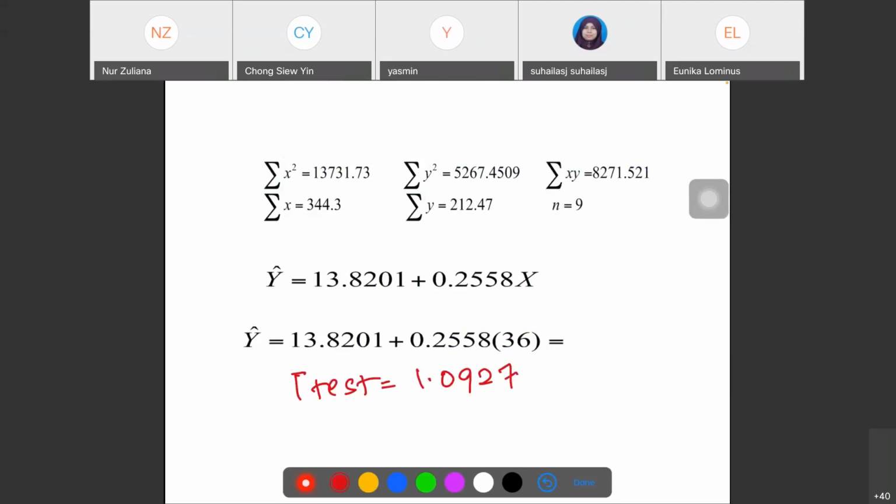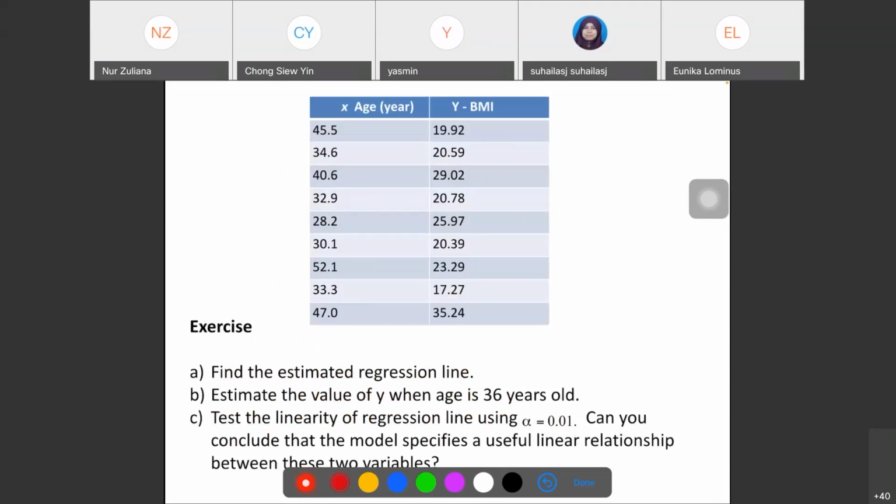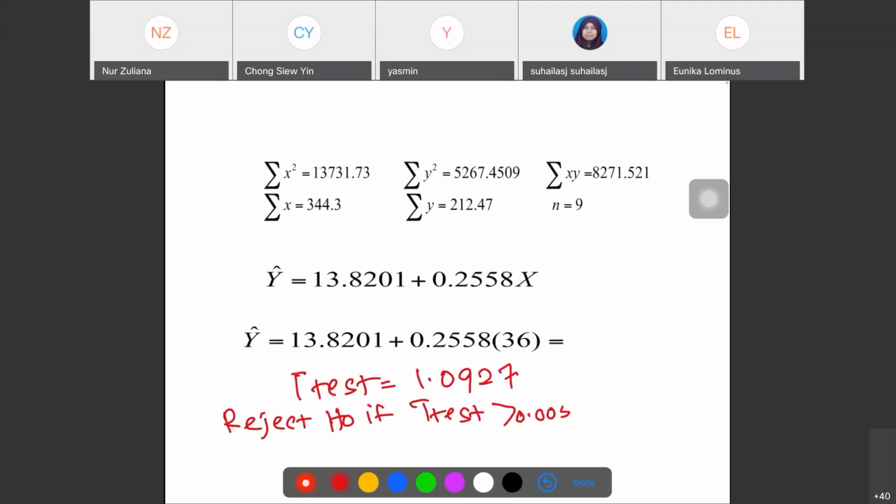So now, the rejection rule is the t-test is greater than t alpha over 2. In this case, your alpha is 0.01, so divide by 2, 0.005.